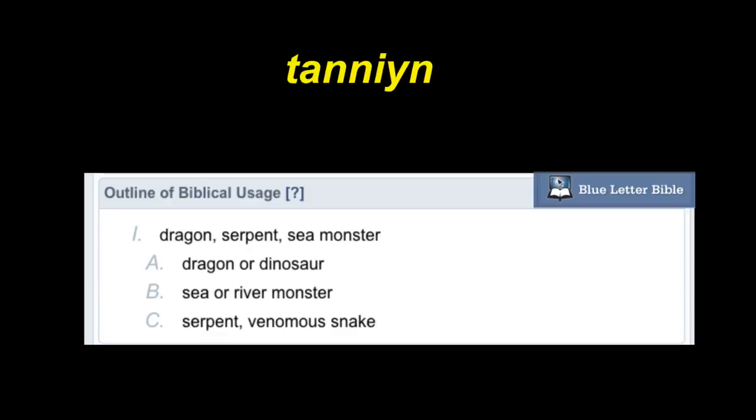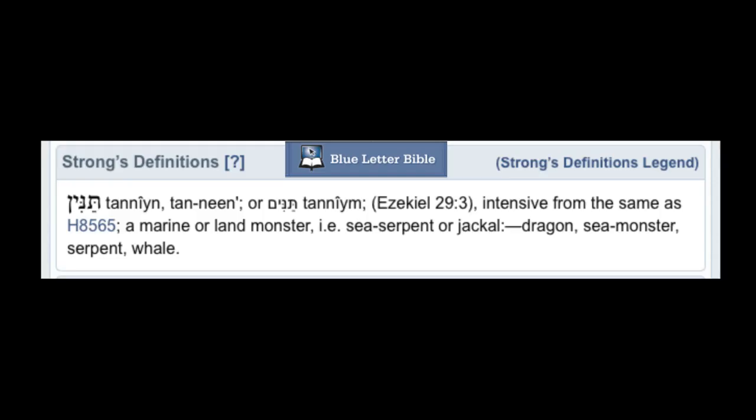All right, so tanim, that is the word that was translated as whale in Genesis 1, verse 21 or 22, whatever that was there. And it should have been translated as great big dragons. That would have been the best translation, would be dragons. All right. The Strong's definition here, tanim, says a marine or land monster, i.e. a serpent or a jackal.